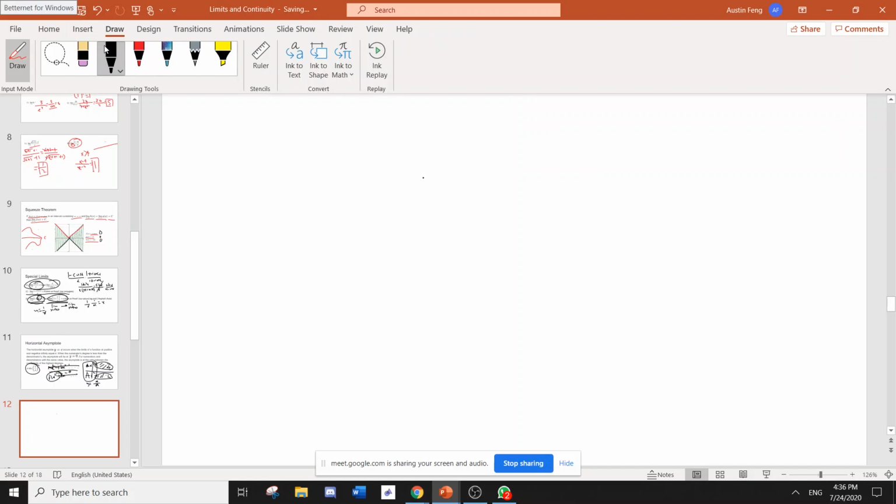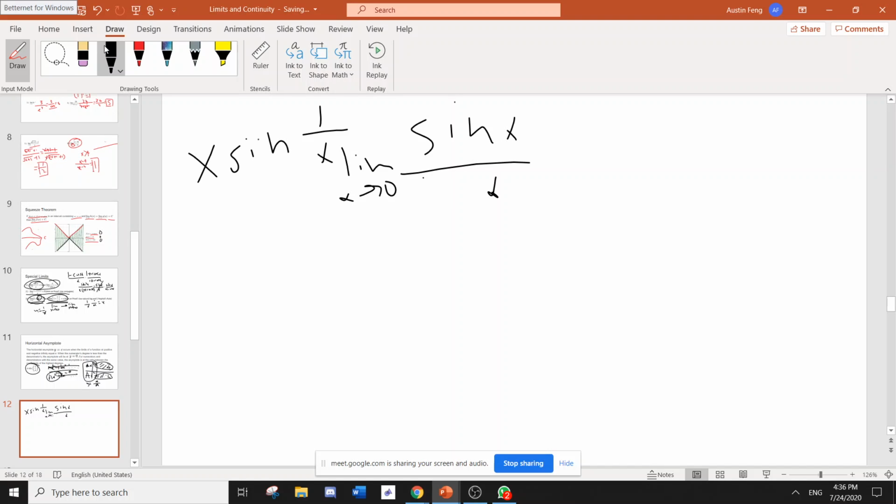So x sine 1 over x. Now, what does this kind of look like? Remember our special limit, sine x over x. The limit when x goes to 0 is equal to 1, right?